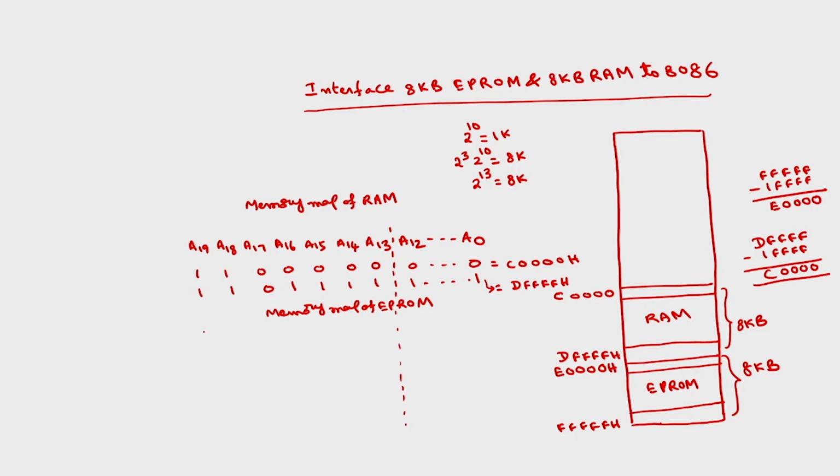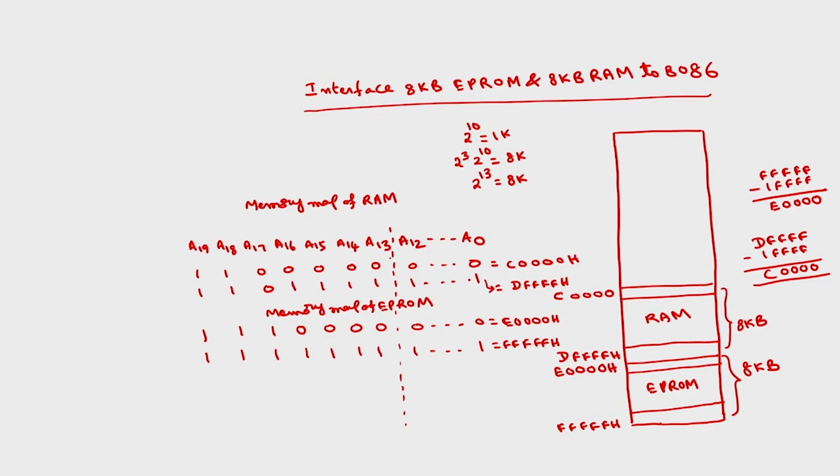E is nothing but 14, which is 1110, then all zeros, is E0000H, and the ending address is all ones, FFFFFH. This is the memory map. By varying A0 to A12 from all zeros to all ones, we can choose any of the locations from the 8 kilobytes of memory.